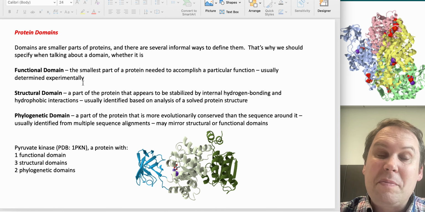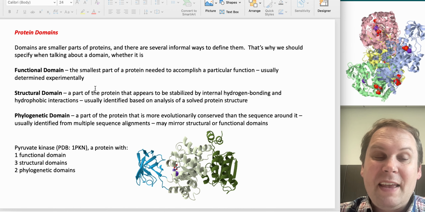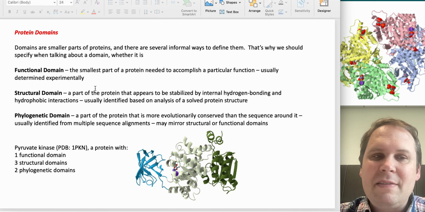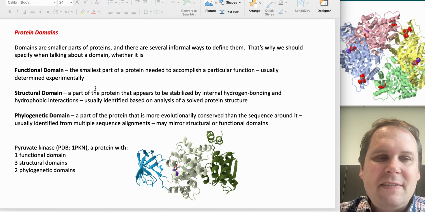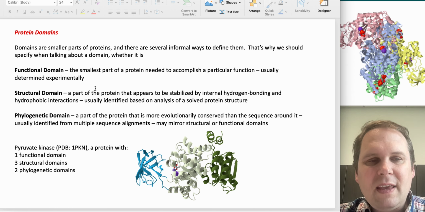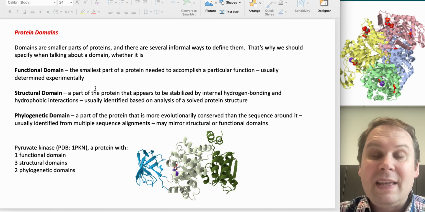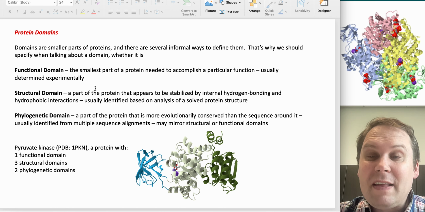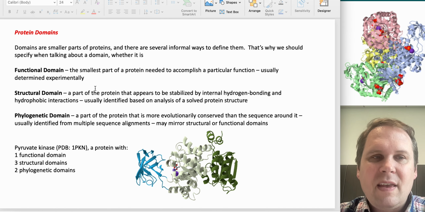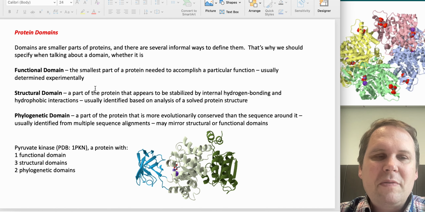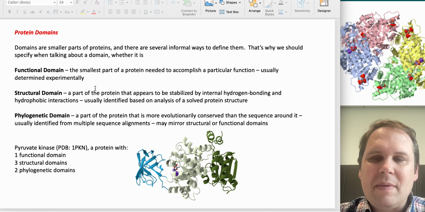And functional domain, you have to actually confirm that experimentally to know for sure if it is. And so if you're dealing with something that's brand new, you do not have that to fall back on. And so if we're talking about new things, which is where bioinformatics is really, I think, interesting and useful, then the best we're going to get are phylogenetic domains, or domains based on conservation. Domains based on parts of the protein that don't change very much compared to the parts around them.